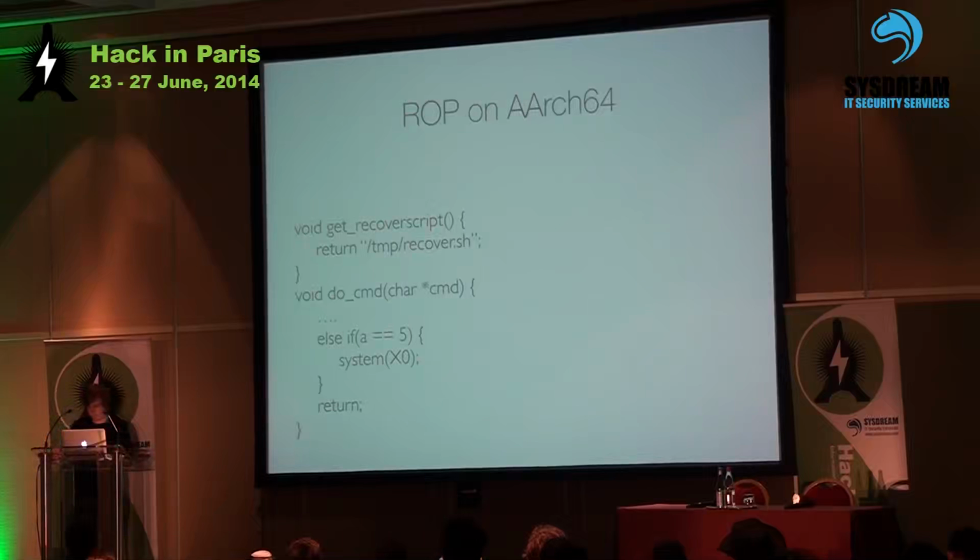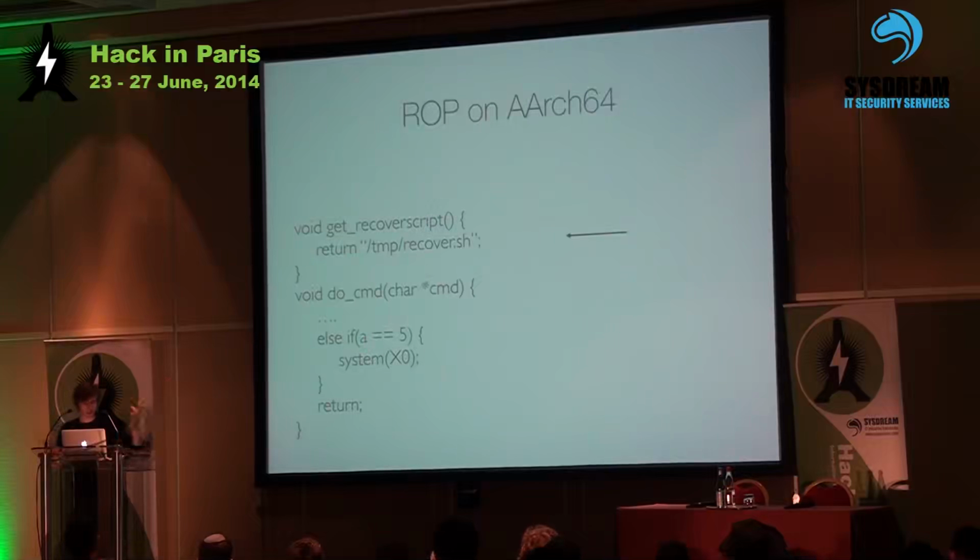So return-oriented programming basically means that we want to return from one function to another, and we control where we return to. In this case, by overwriting the on-stack link register, we get our code to jump to the return statement here, to temp recover.sh, which will return the address of the string into register 0.